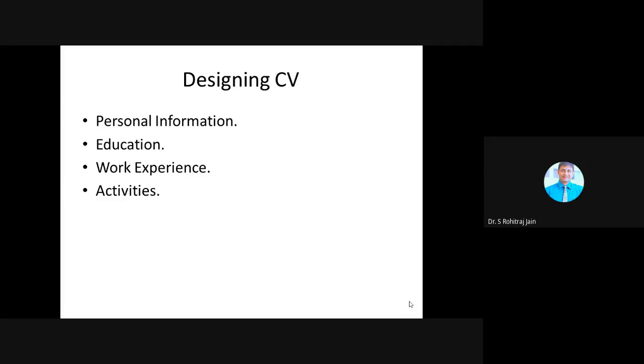Then we have the activities. Activities include the co-curricular and extracurricular activities, interests, hobbies, and memberships of learned societies. Then finally, other information. Why is this very important? Companies or even public sector units will have their own clubs.